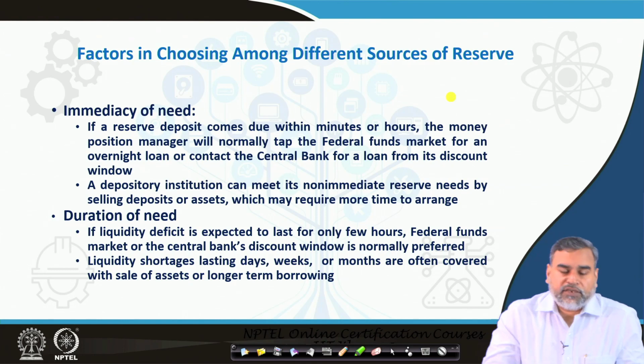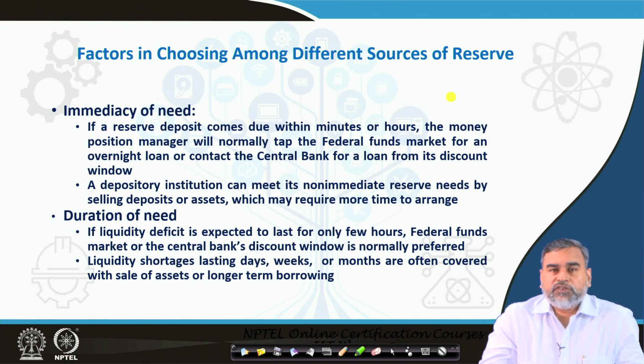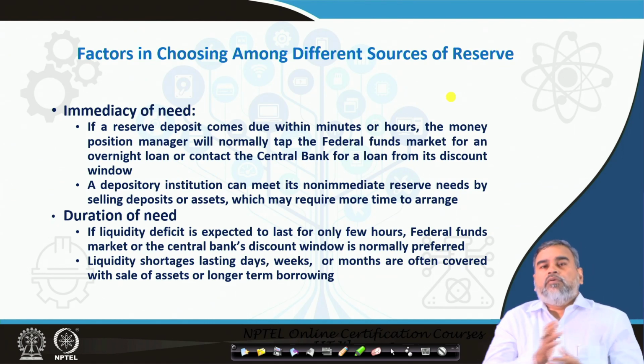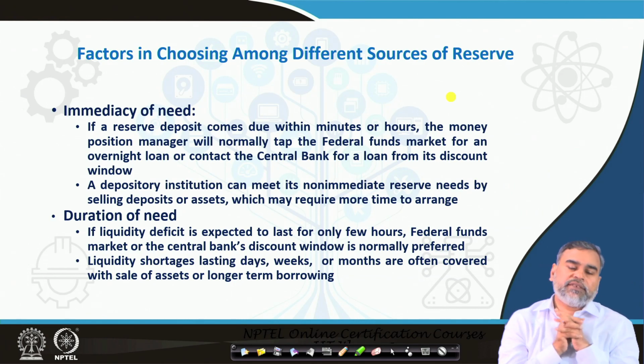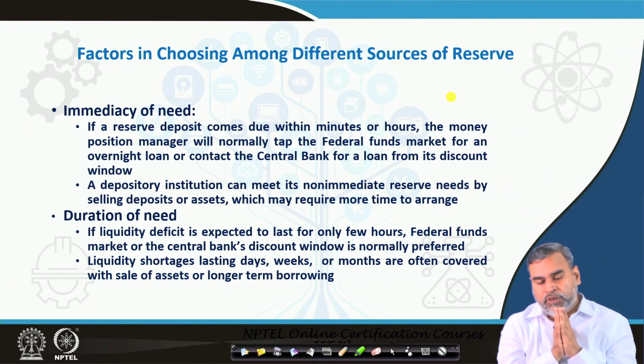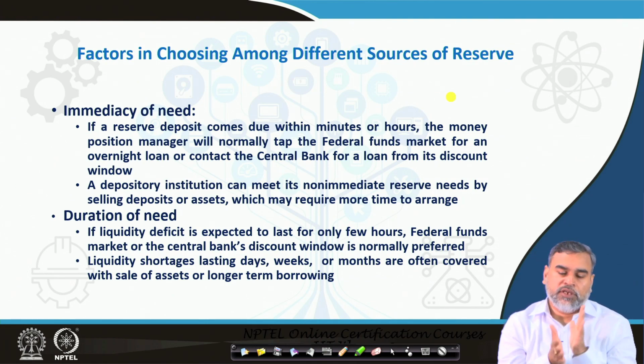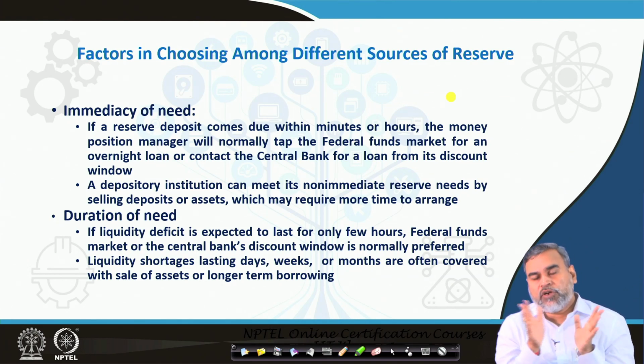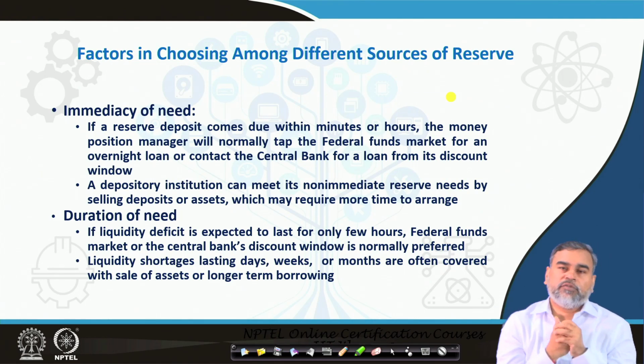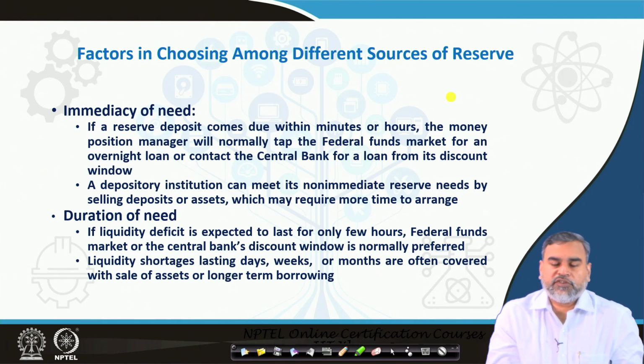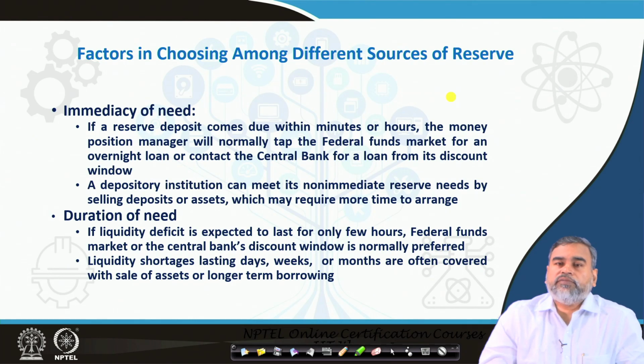Then there are many factors which affect the different sources of the reserve account or the reserve liquidity of the commercial bank. What are those? Why do commercial banks keep reserves? We already know that depending upon interest rate fluctuations and other fluctuations, the market fluctuates, and the instruments which are highly sensitive to the market and to changes in the interest rate, automatically the value of those items is going to change.